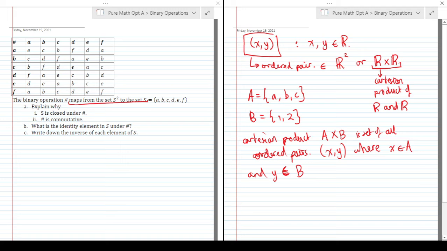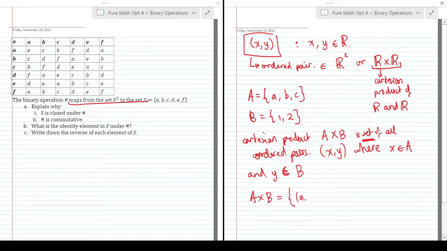So it's all of the possible ordered pairs that could be made from the sets A and B, where the first element in the ordered pair is taken from the set A, and the second element in the ordered pair is taken from the set B, right? So the Cartesian product is itself a set, the set of all ordered pairs. So the Cartesian product of A and B is this set here, all of the ordered pairs.